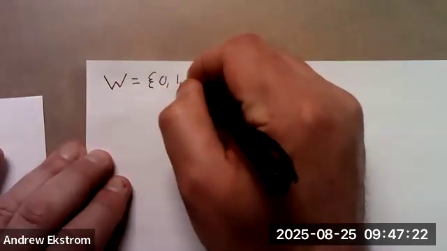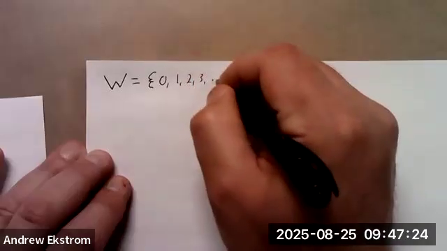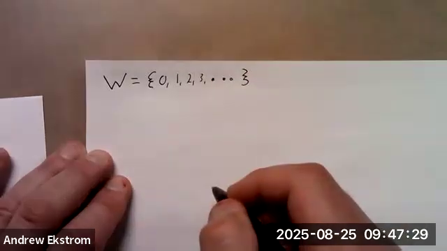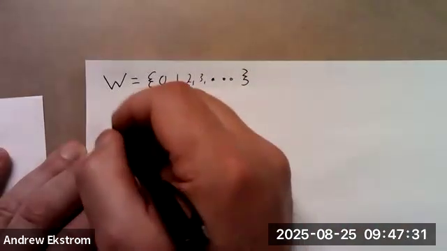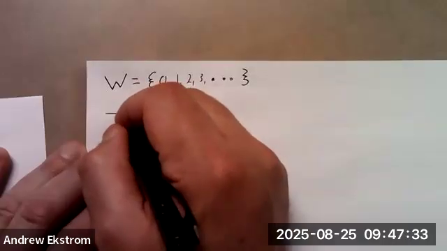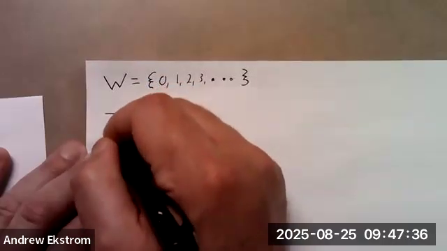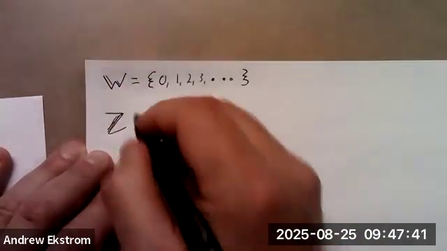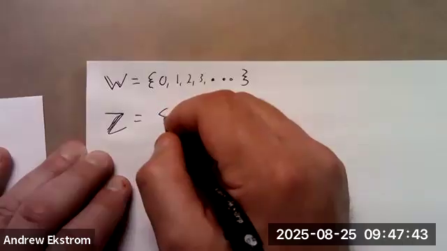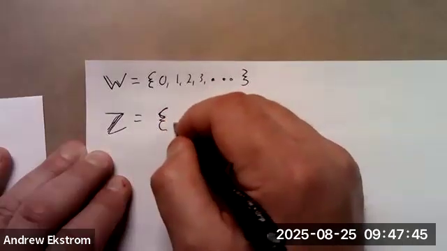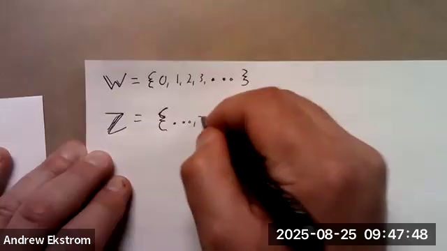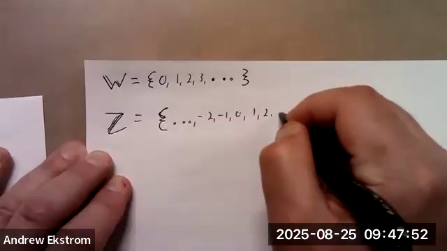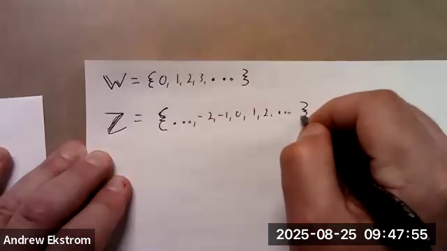So this is 0, 1, 2, 3, and then dot, dot, dot. And we have Z. So again, Z with the double lines, and W with the double lines there, is dot, dot, dot, -2, -1, 0, 1, 2, dot, dot, dot.